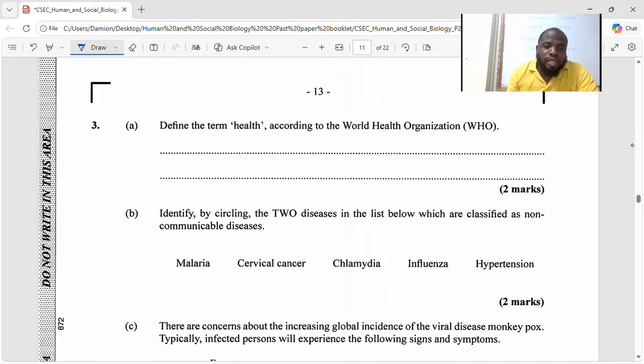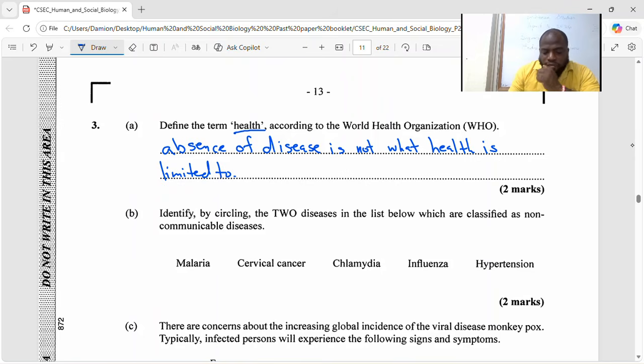So question 3 speaks about the definition of the term health. Now, when it comes to the World Health Organization, it is saying that the absence of diseases is not what health is limited to.